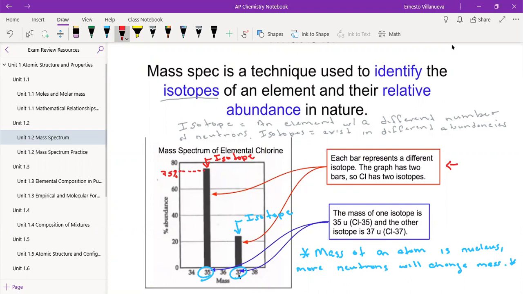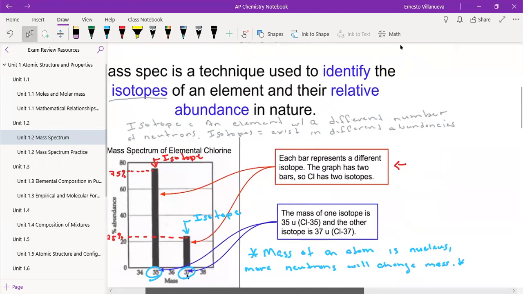This one is sitting right around about 25%. These are what we call the percent abundance. So 75% of all the isotopes are going to be chlorine 35, and 25% of them are going to be chlorine 37. So how do we calculate the average atomic mass?